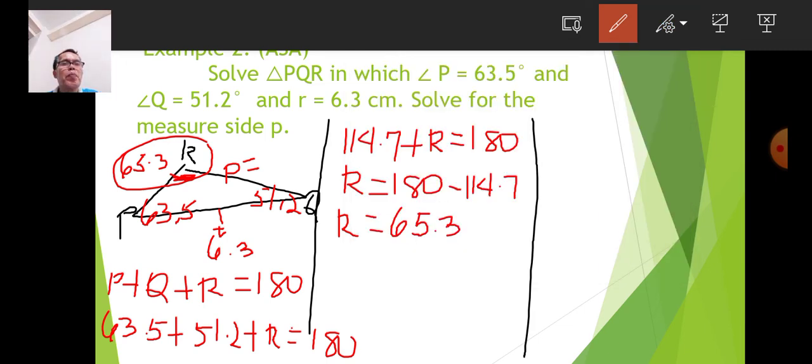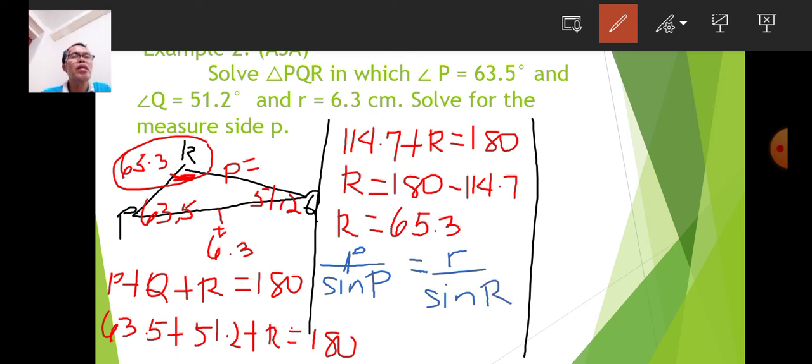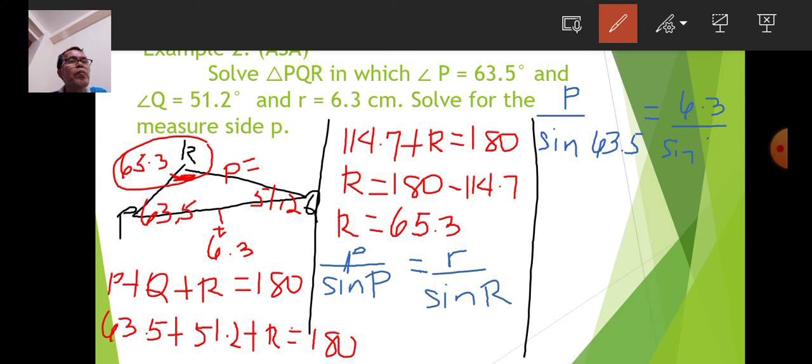Now, you have angle R, so therefore you can now solve for the length P. So that is P over sine P must be equal to R over sine R. Substituting, you will have P over sine P, which is 63.5, is equal to R, which is 6.3, over sine of R, which is 65.3.